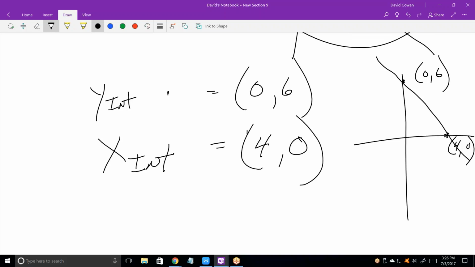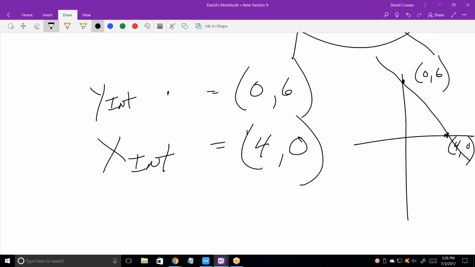So if you know the x-intercept and the y-intercept, connect the two with a straight line and you've got the graph of it. It's that simple. You don't even need to know slope. I almost hate to leave that there because there are few things more important in algebra than slope.